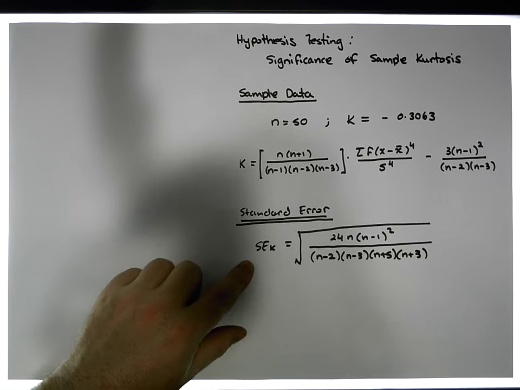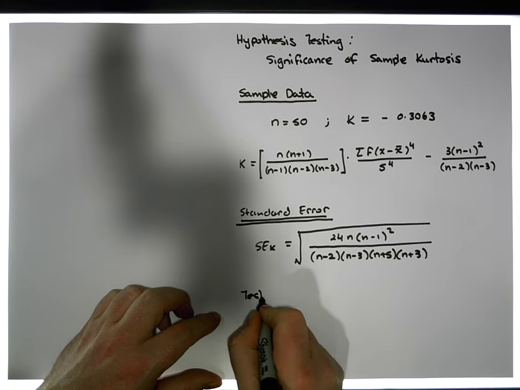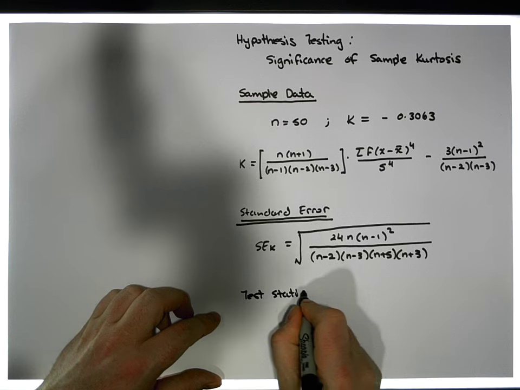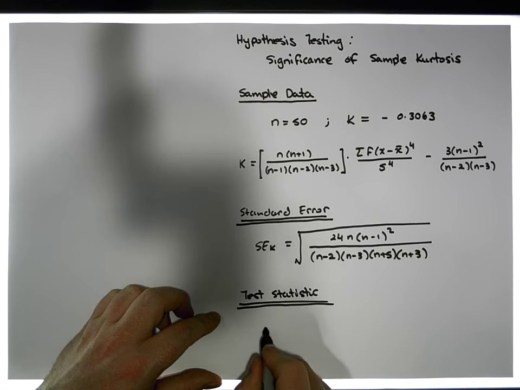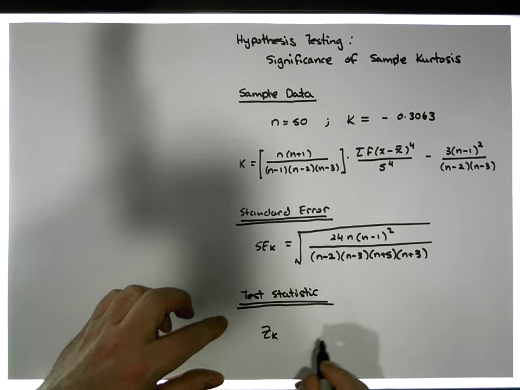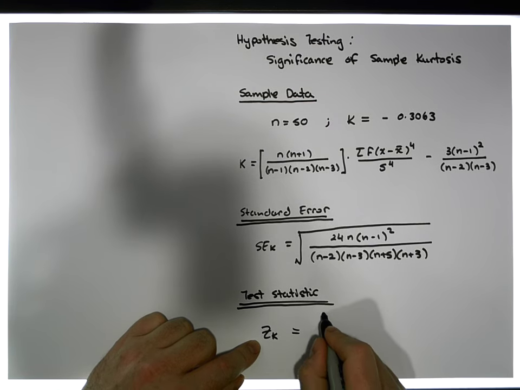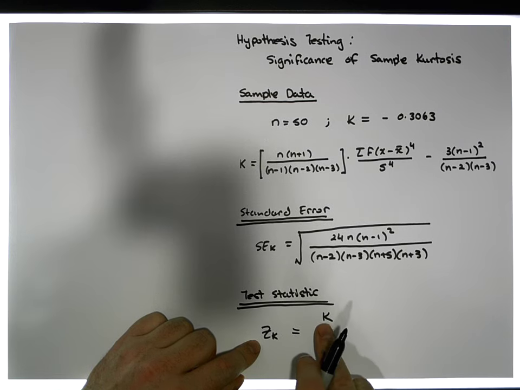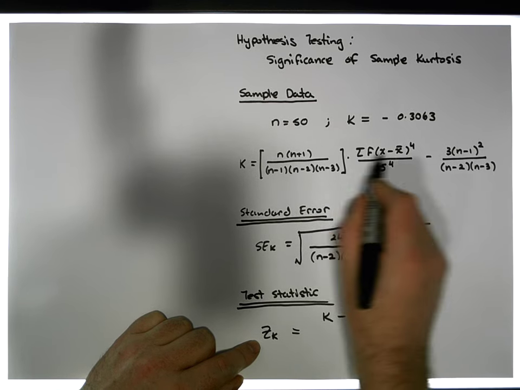So once we know the standard error, then we can calculate the appropriate test statistic. The test statistic is a Z statistic. Our Z score for our kurtosis is going to be our evidence, the kurtosis of our sample, minus where we believe it should be. We're baselining off a distribution that has 0 kurtosis, or a distribution that's normal, 0 coming from this particular formula.